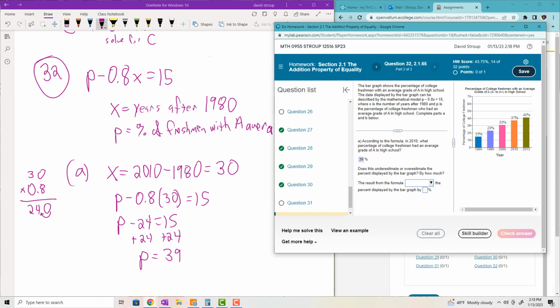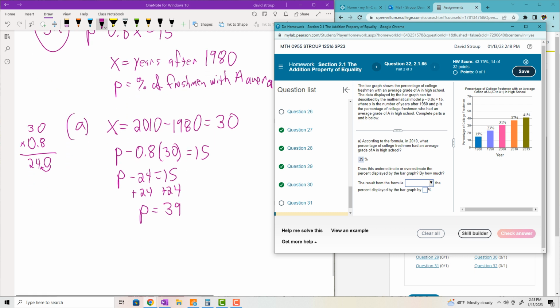Okay. Next part says, does this underestimate or overestimate the percentage displayed in the bar graph? And then they want to know by how much. So our formula, it's a model of reality. It's not reality. It's just something that's going to help us work with reality.